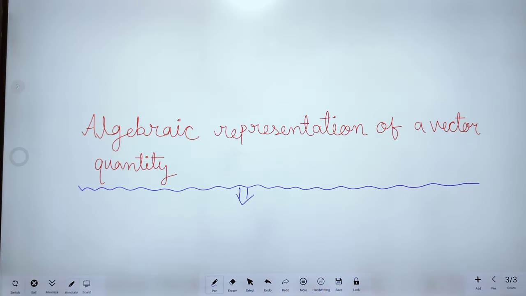Okay, let's see how we represent a vector quantity in the form of algebra.